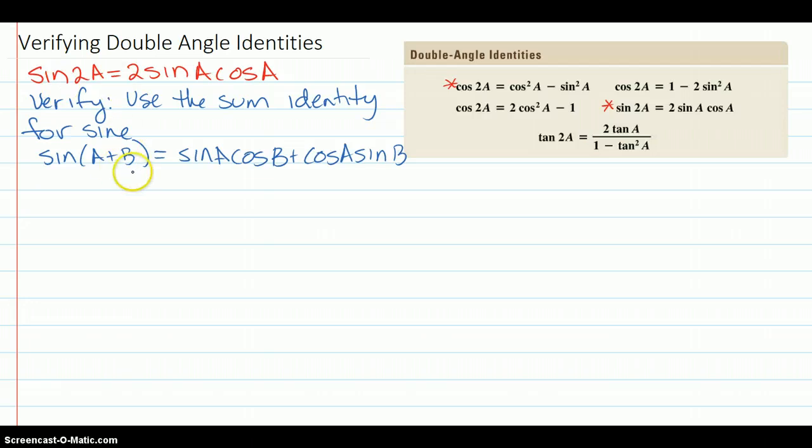So if I want to verify this, all I've got to do is put a's everywhere there's a b, because we're only doing a double angle, sine of 2a.